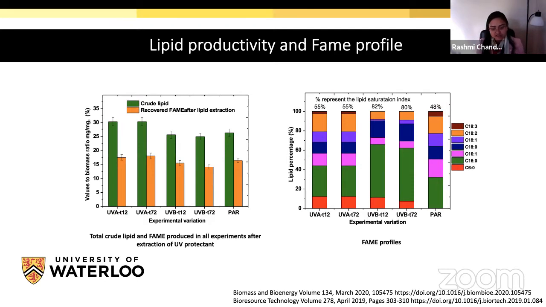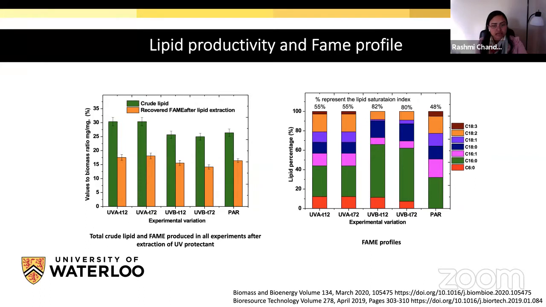When we quantified the total lipids, UVB still showed lipid productivity, but UVA had higher lipid productivity, close to 30 mg per mg of dry weight, which is actually 30%. That is quite good lipid productivity when we consider a biorefinery platform.